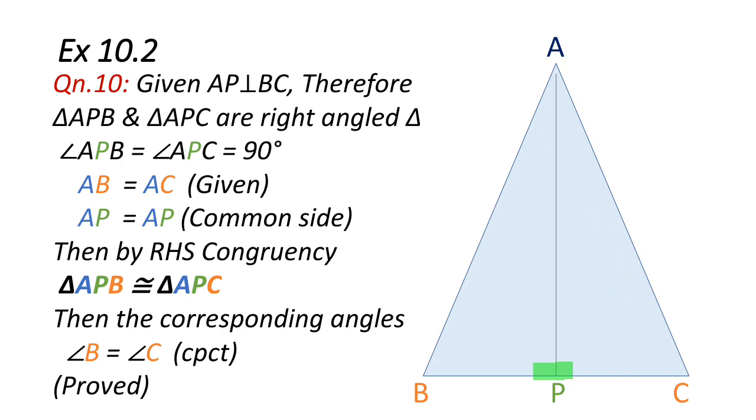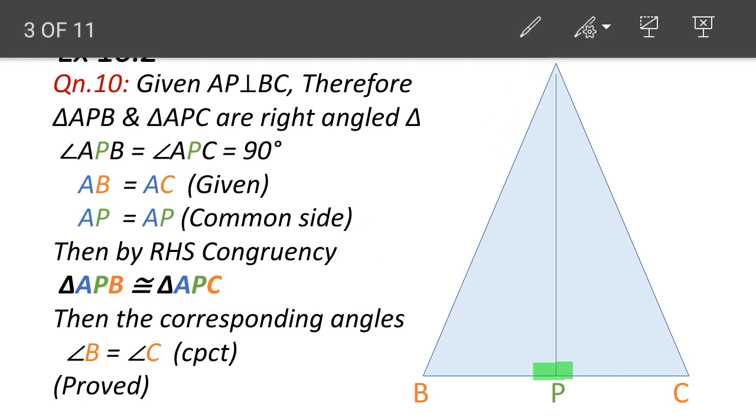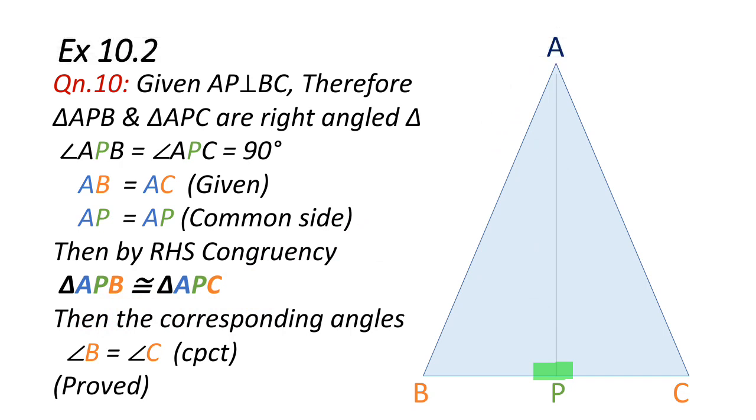So what we have found here: those two triangles are right angle triangles, their hypotenuses are equal and one of the sides is equal to one another. So by the RHS congruency, those two triangles are congruent to one another. Like here we have written triangle APB is congruent to triangle APC.